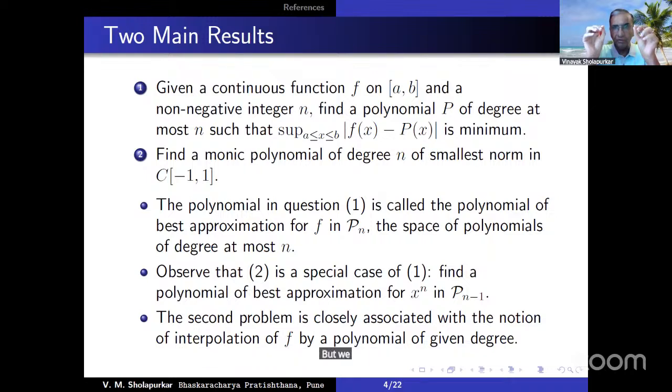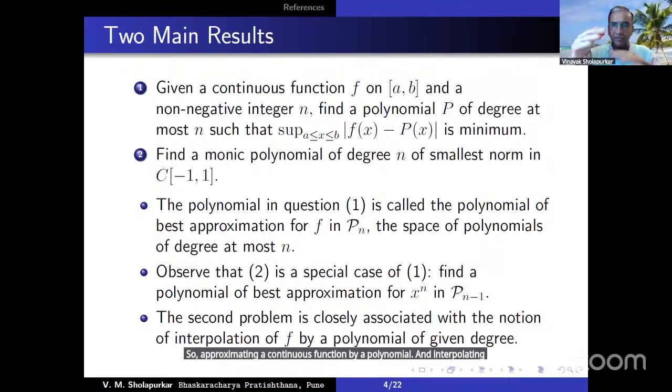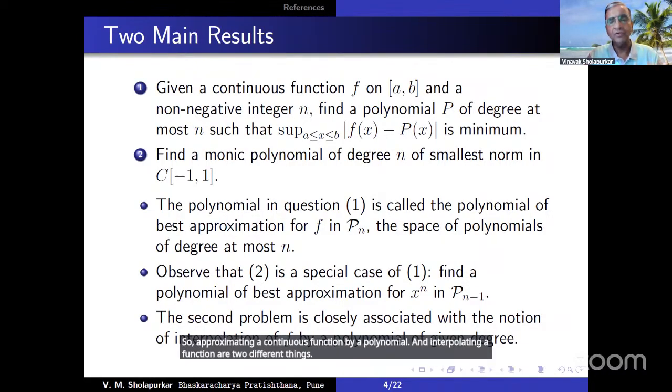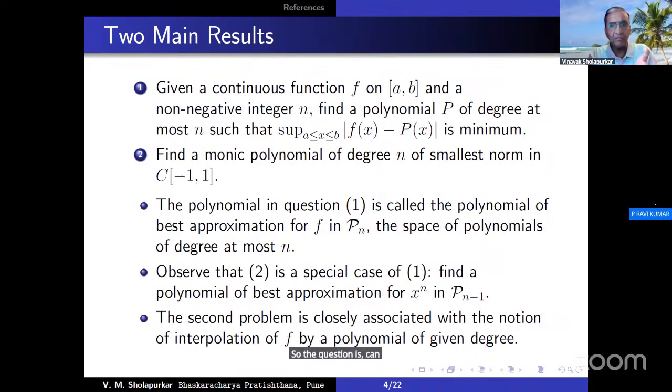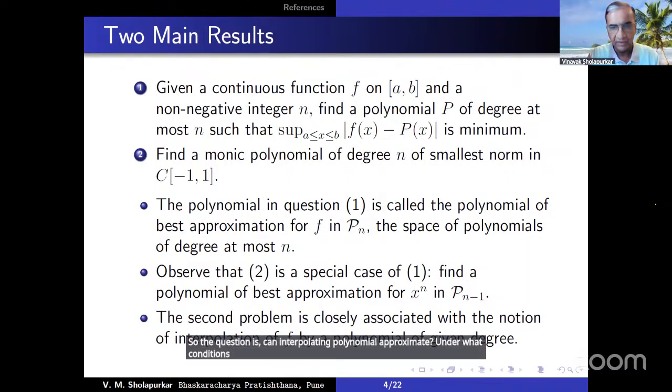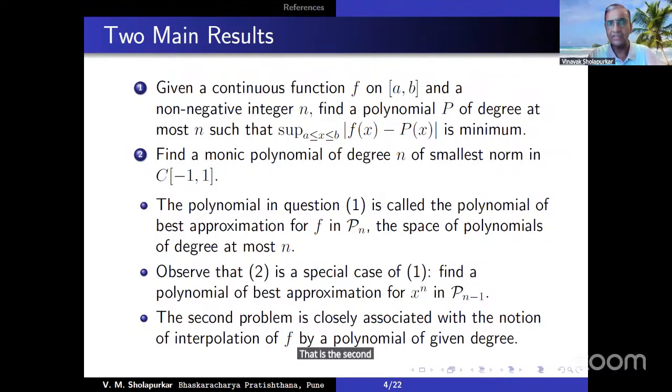But we don't know between nodes what is going to happen. So approximating a continuous function by a polynomial and interpolating a function are two different things. So the question is, can an interpolating polynomial approximate? Under what conditions and when? That is the second question. So there are two questions that we are going to tackle in this lecture.